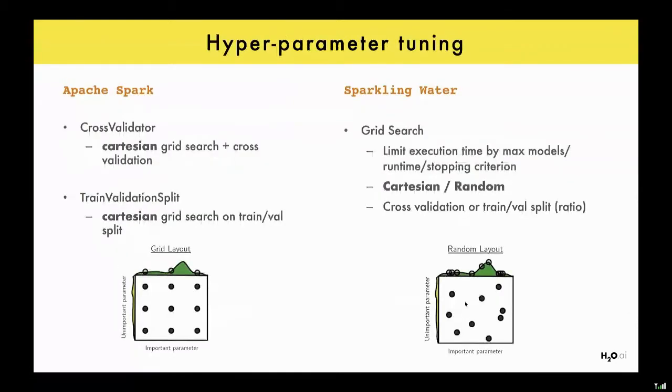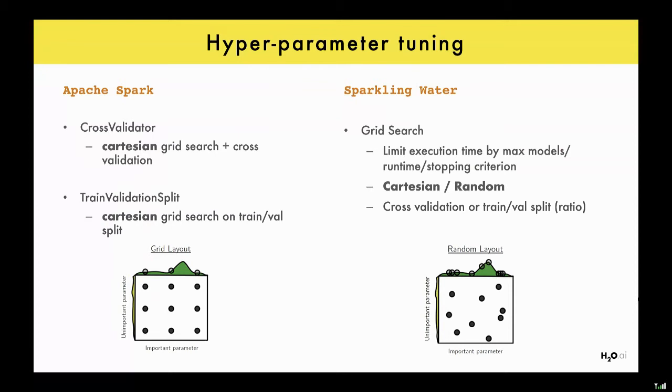As I mentioned, in Apache Spark you have a cross validator, which is Cartesian GridSearch, and it does cross-validation. There is also the train validation split, which is Cartesian GridSearch, and it's using the validation and training dataset. In Sparkling Water, we don't have two different APIs. We have one single API, which is called H2OGridSearch.